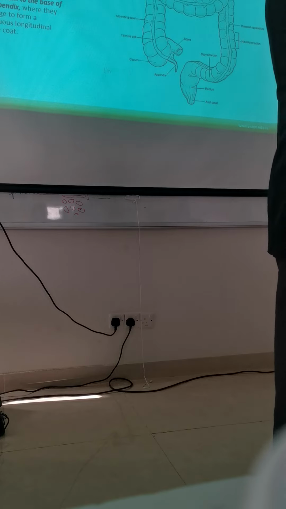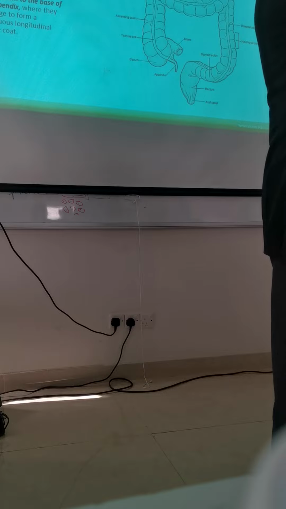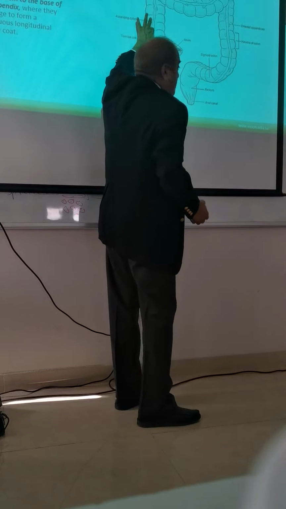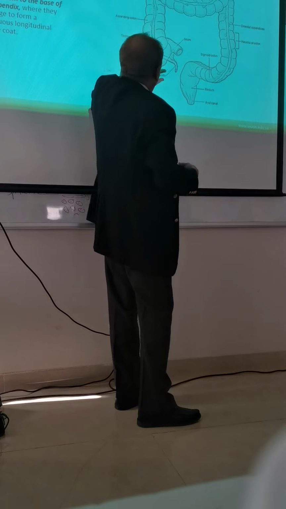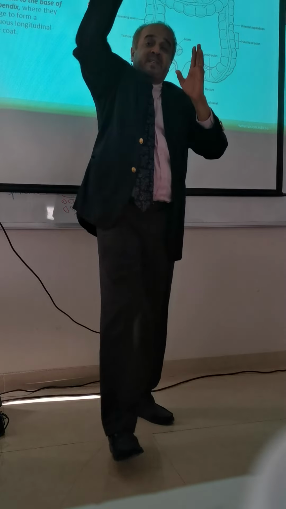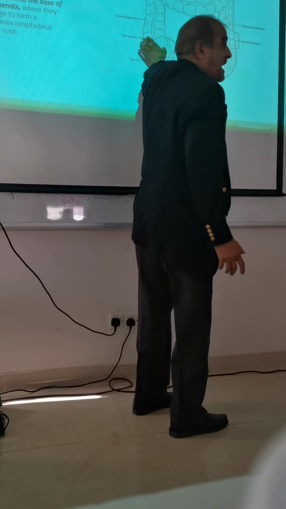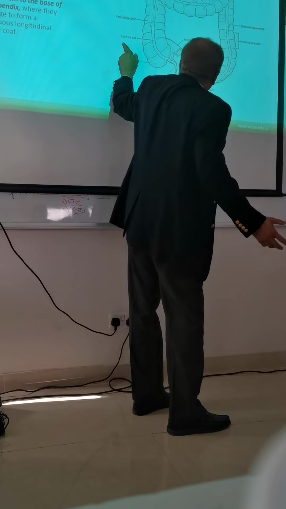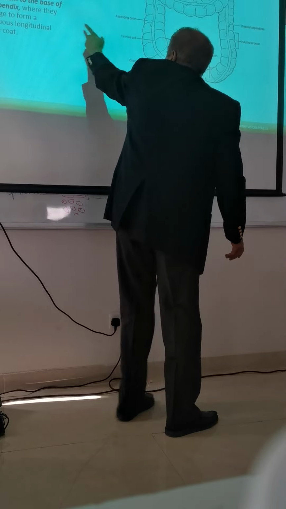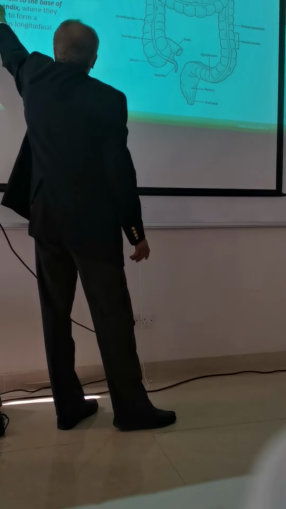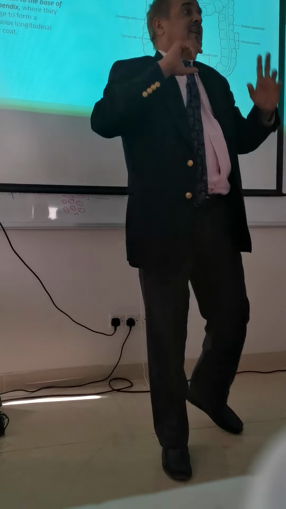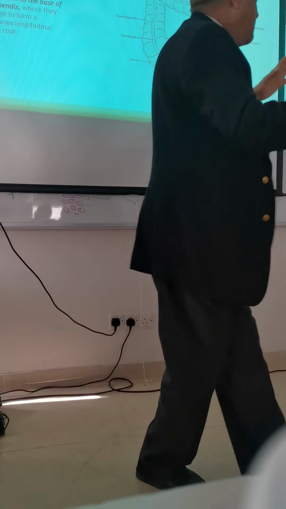Histologically, what happens over here is that there are 3 longitudinal muscles present outside the colon, the large intestine, and they are called taenia coli. These are 3 muscles: anterior, posterior and medial.